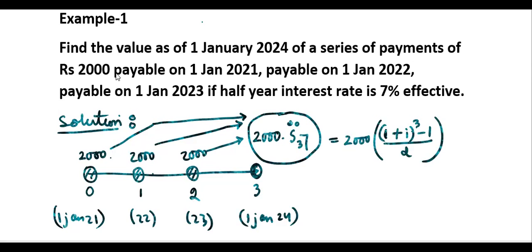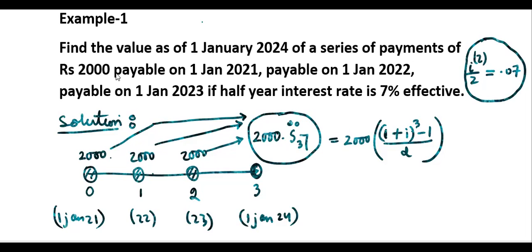Here i(2) is given as 7%. The half-year interest rate, i(2) over 2, is given as 7%. From i(2) over 2, you need to find d. You can find i from i(2) over 2, and from i, you can find d. Once you know d, then you will be able to find the value.